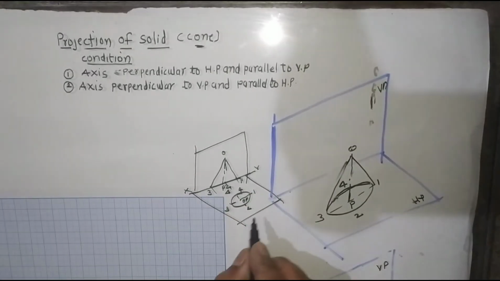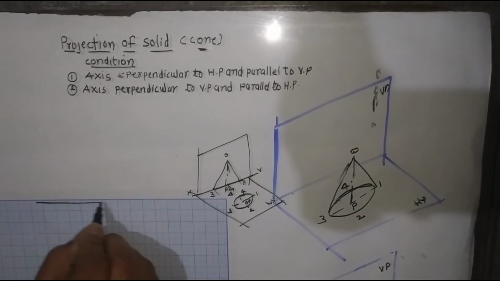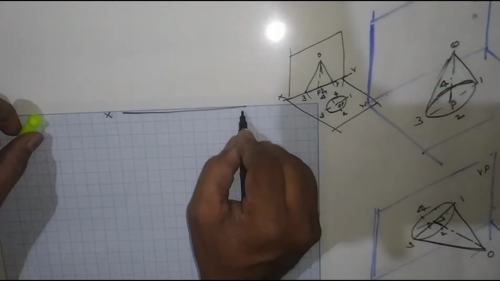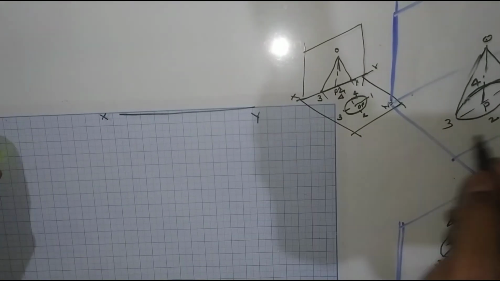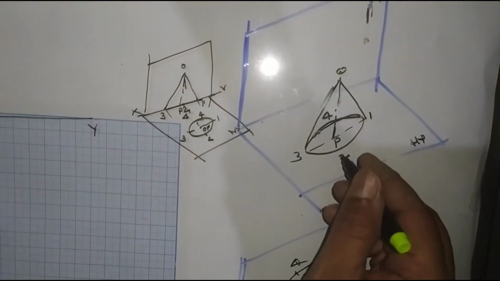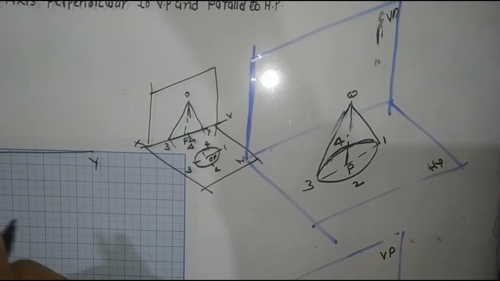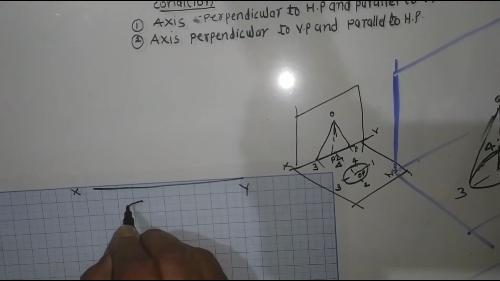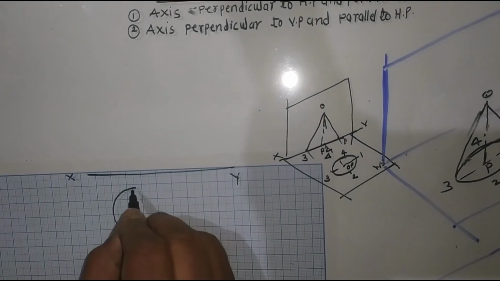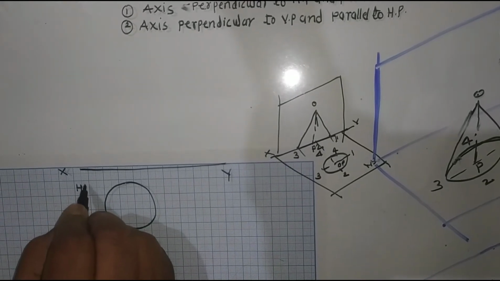Now we have to rotate this HP plane. So which view are we drawing here? If I draw the XY line and draw the orthogonal projection of the cone resting on its base on HP, with the axis perpendicular to HP and parallel to VP, then first you have to draw the circle, because the axis is perpendicular to HP.